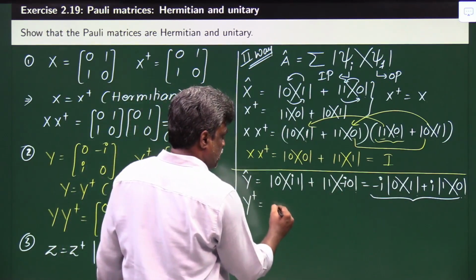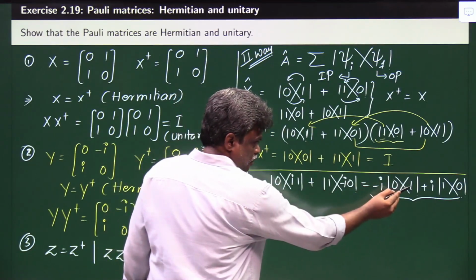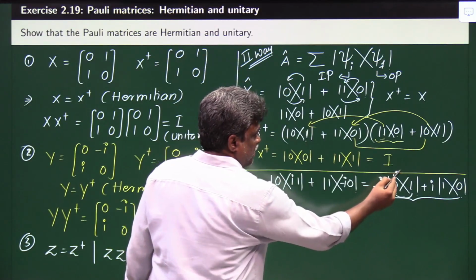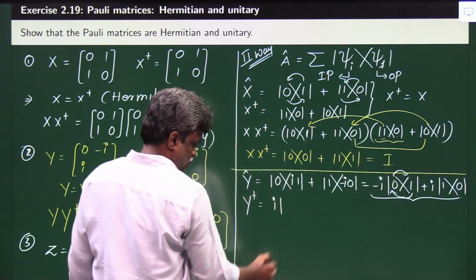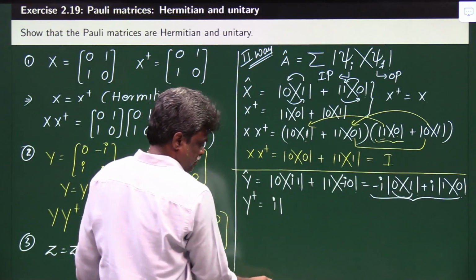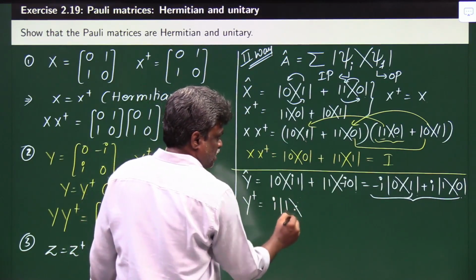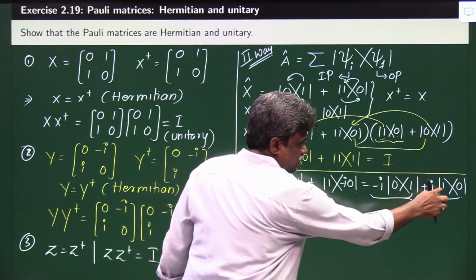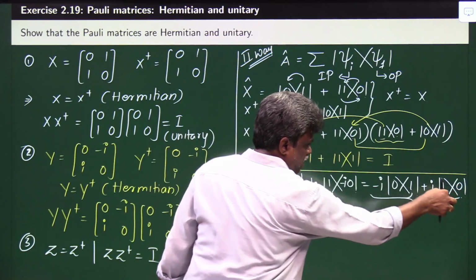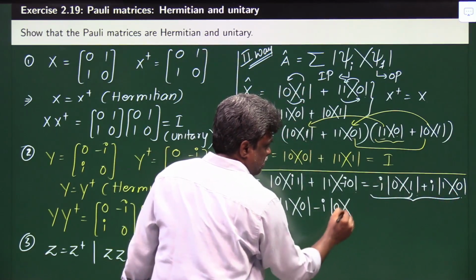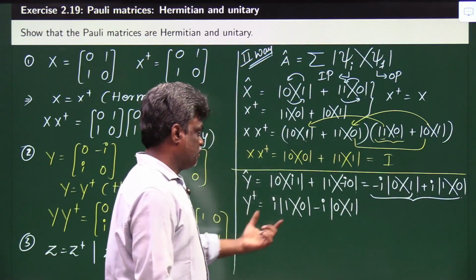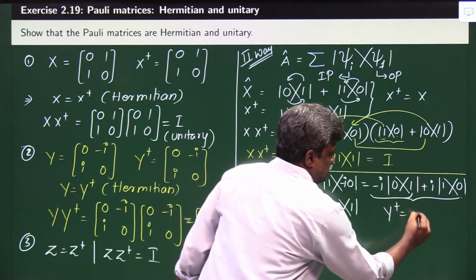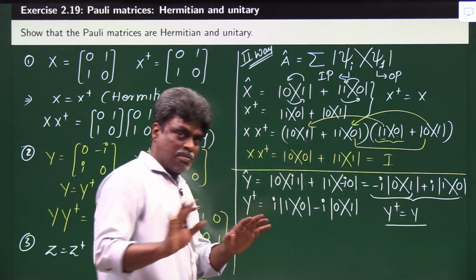This minus iota becomes iota, and the ket vector will become bra vector and the bra vector will become ket vector. So as usual this will become |1> and <0|. This iota will become minus iota. That's it. And if you see, both are the same.